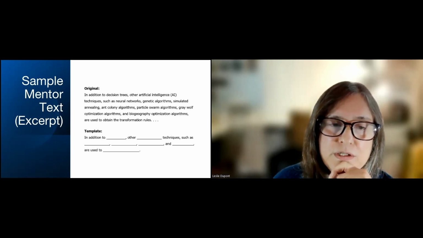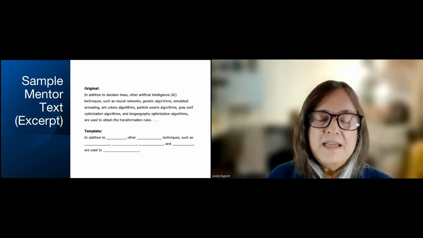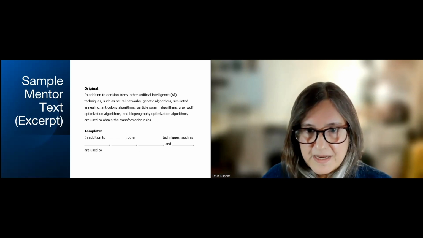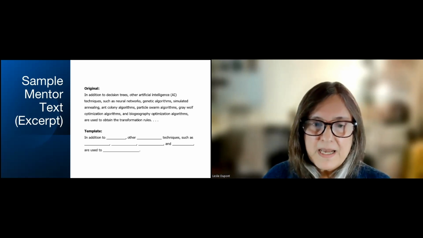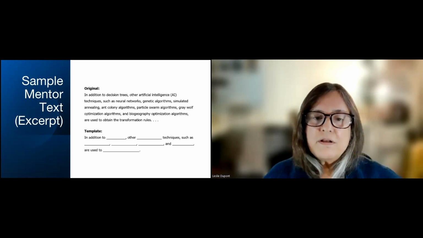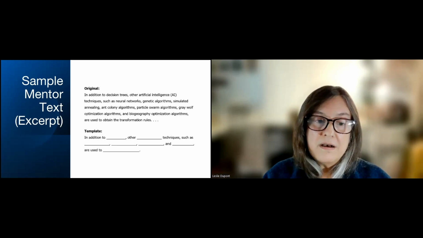So what you can do is take the generic phrasing: in addition to other techniques such as blank, blank, and blank are used to. These are all very generic phrases, and you can rephrase even the generic phrasing too.